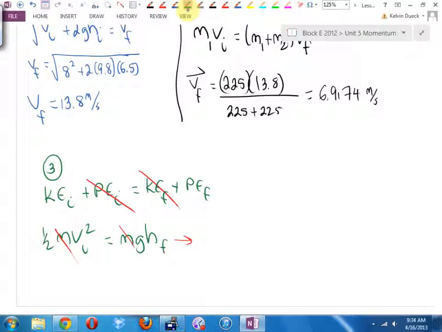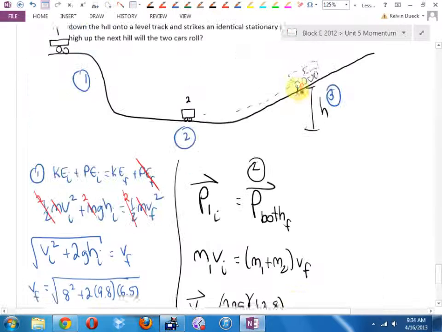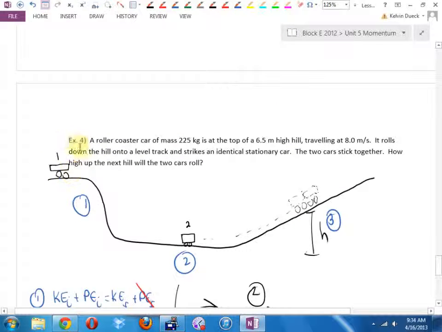So when you're designing roller coasters, now I've been looking, bumper cars have lots of collisions, great conservation of momentum. I have yet to see any ride that combines a roller coaster and a bumper car, so this is purely theoretical. But certainly, if you remove the collision part, when they're designing roller coasters, they would make sure that this velocity over here was enough to make it up the next hill.